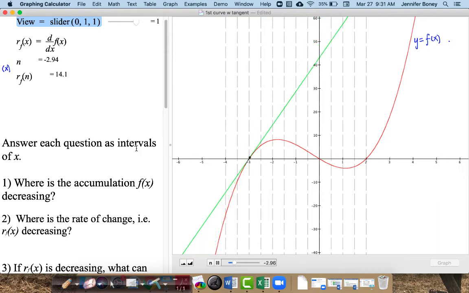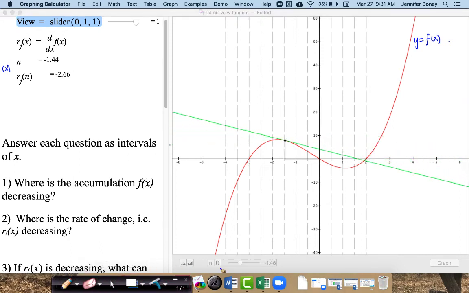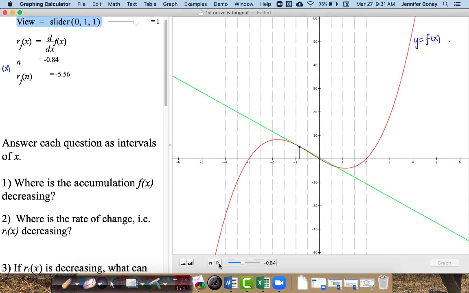So if you're watching this after the fact, pause, and let's talk about these. I'm going to pause the animation here, so it's not moving all the time. But just thinking about where f of x is decreasing? Well, where it is right now, that's definitely decreasing.